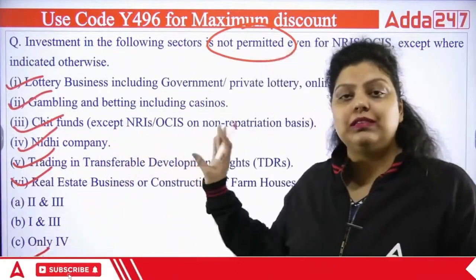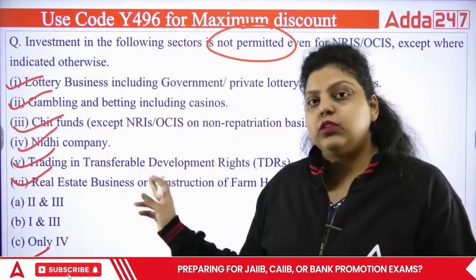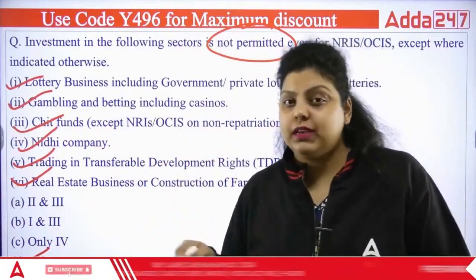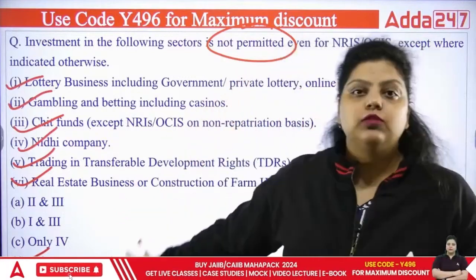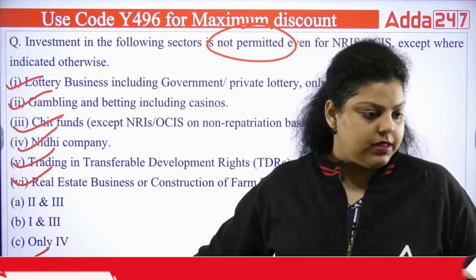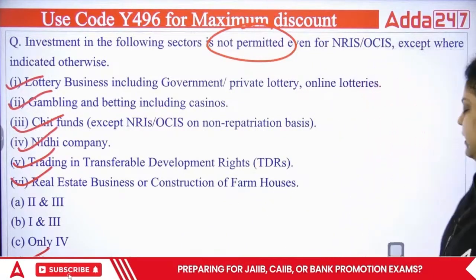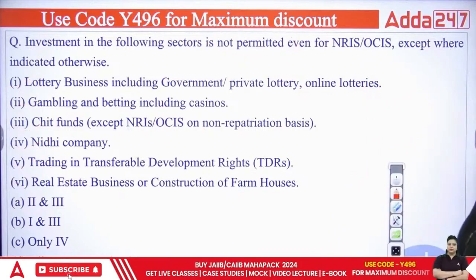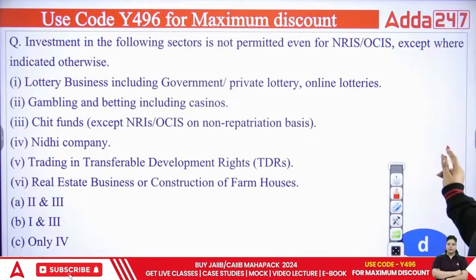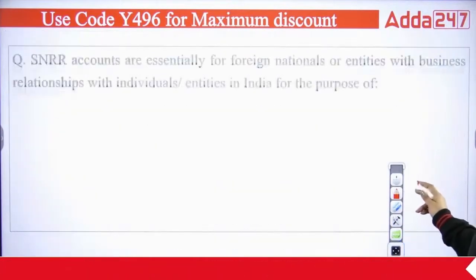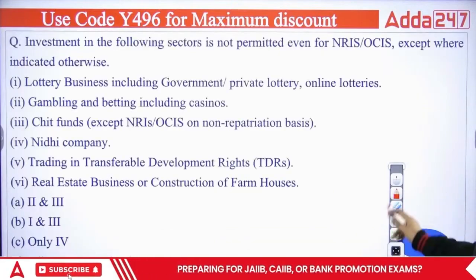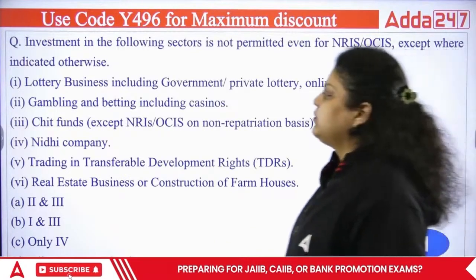These you have also studied in IEIFS subject when you study the FDI prohibited areas. All these areas will be there. So your right answer will be D. All are not permitted here. Option number D.